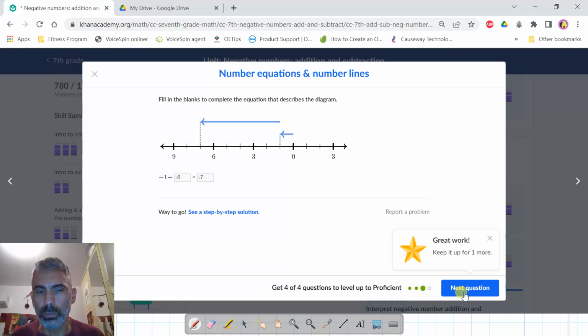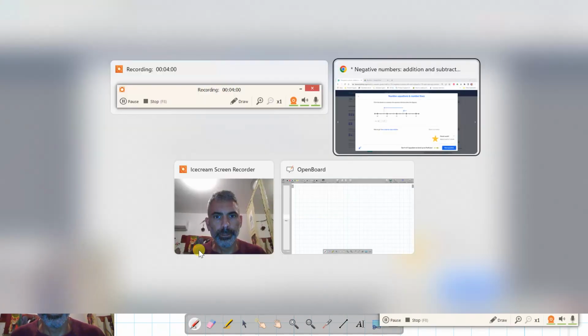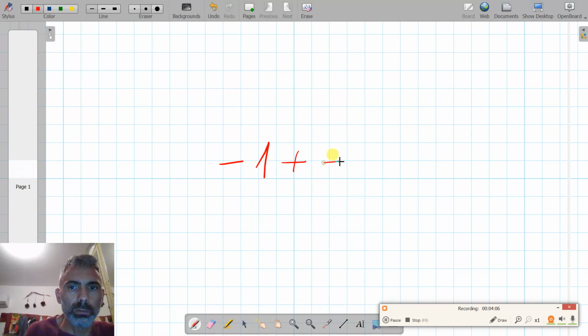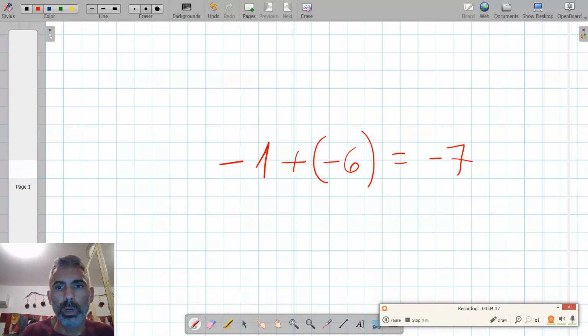But if we write this on the board, we do need to add the parentheses. I will not write it like so. I will write it like so. So the parentheses are required because I don't put 2 symbols without parentheses between them.